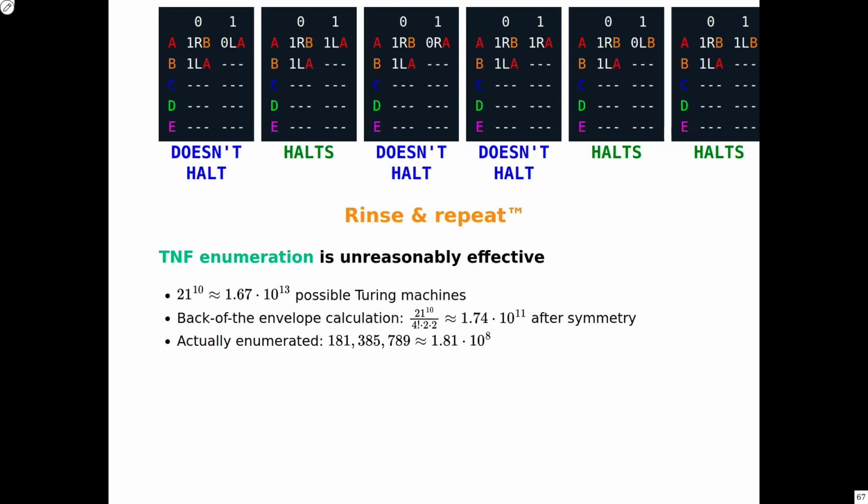And actually what you get is 10 to the 8th. So three orders of magnitude better than expected. And this is actually one loose end. It would be interesting to do some more accurate combinatorics on this and see why this happens.